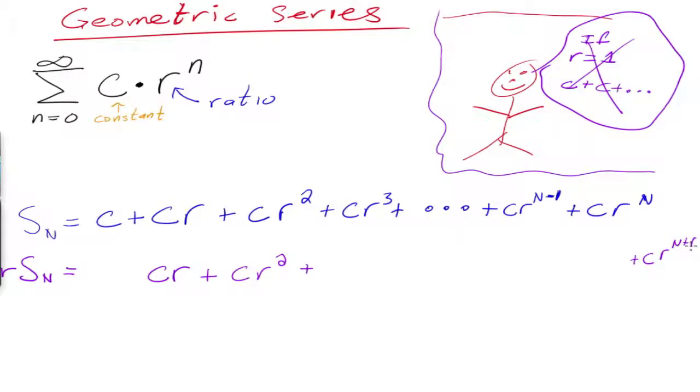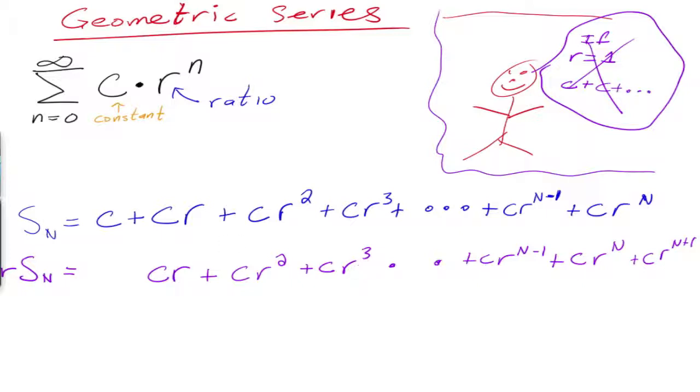Does that make sense? You still have the CR to the n and CR to the n minus 1, CR cubed.